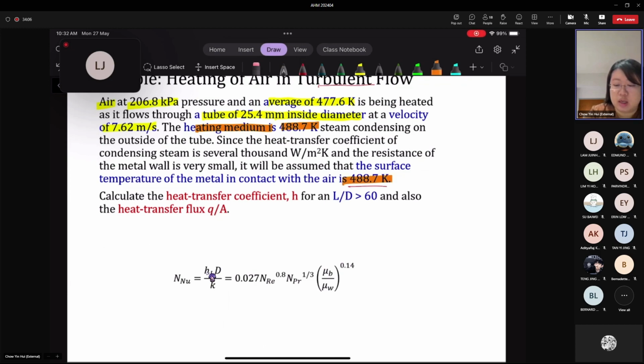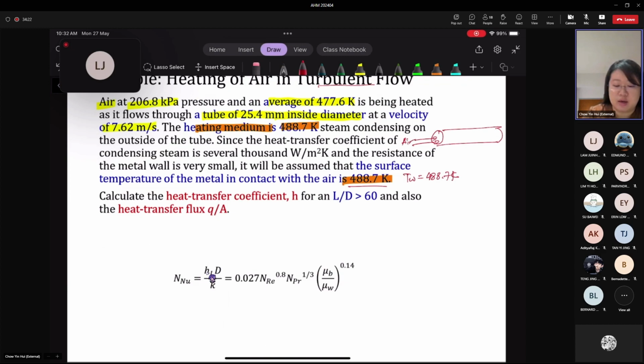So here they ask you to assume that the wall temperature, T_w, is 488.7 Kelvin. What happens is like this: you have air that is flowing through the pipes.